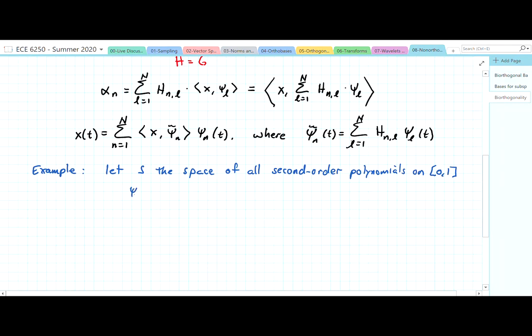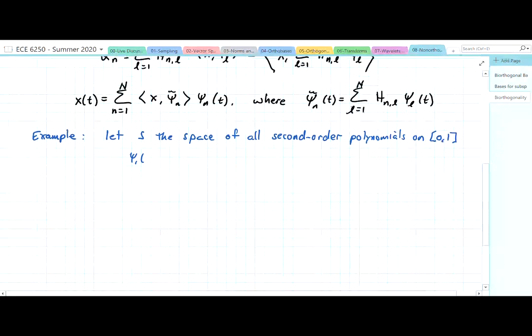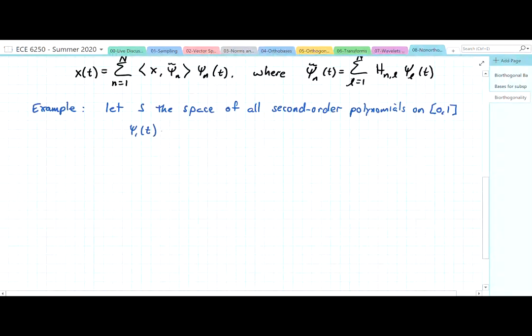It should be obvious that we can define a nice simple basis like this, so you can build any second order polynomial by linear combinations of those.